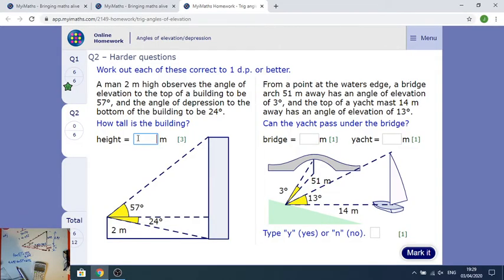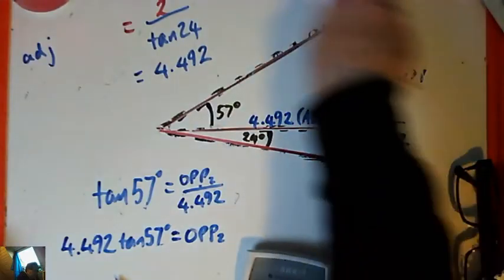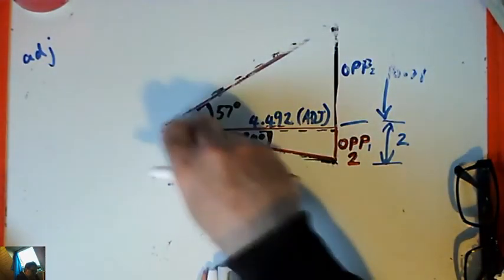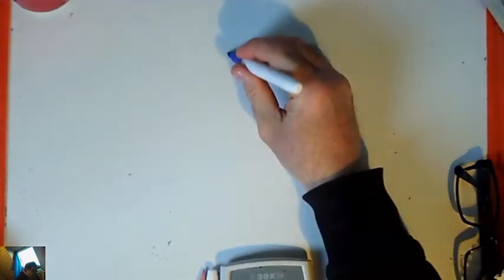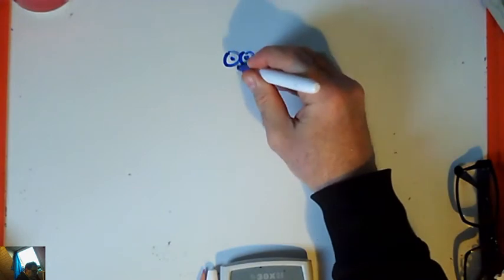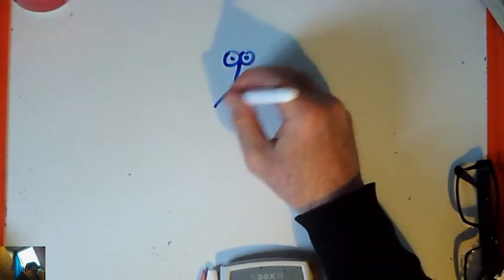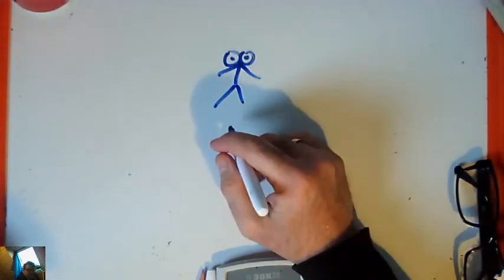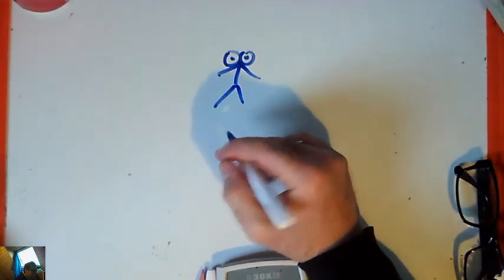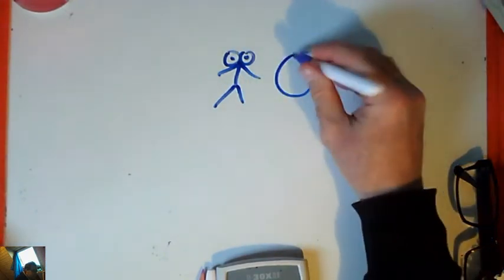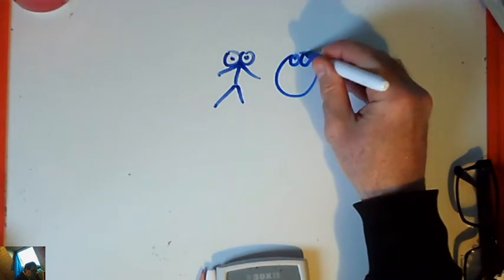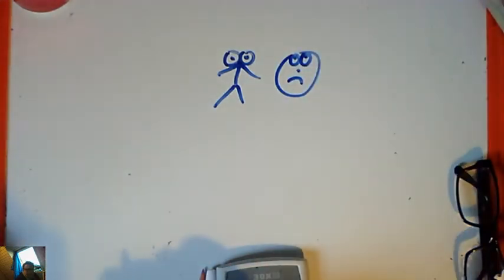So that's to one decimal place, 8.9. Now I'm making a little bit of a flawed assumption in all of that, that his eyes are somehow at the top of his head, which isn't necessarily valid, but there you go.